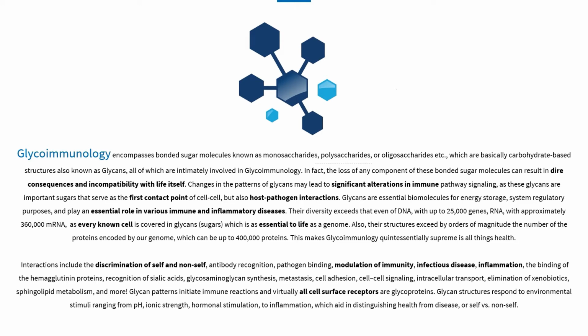Glycan patterns initiate immune reactions, and virtually all cell surface receptors are glycoproteins. Glycan structures respond to environmental stimuli ranging from pH, ionic strength, hormonal stimulation, to inflammation, which aid in distinguishing health from disease, or self versus non-self.